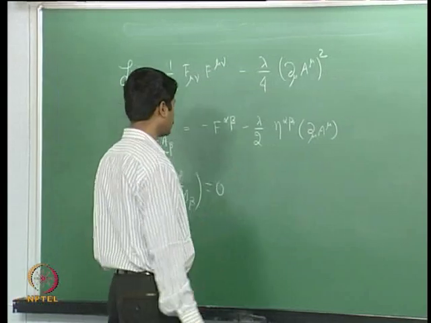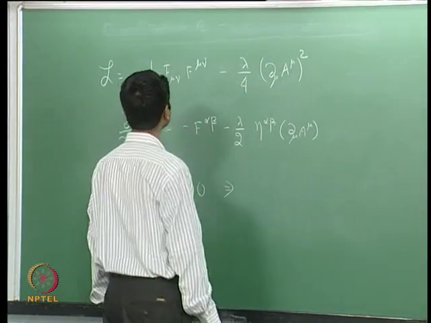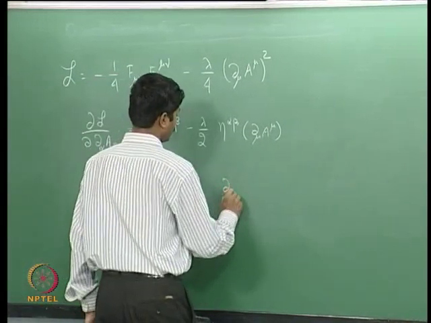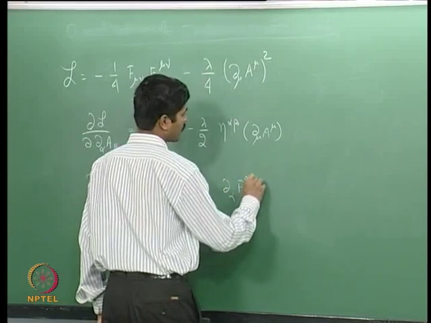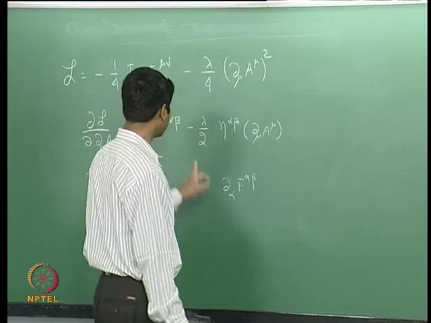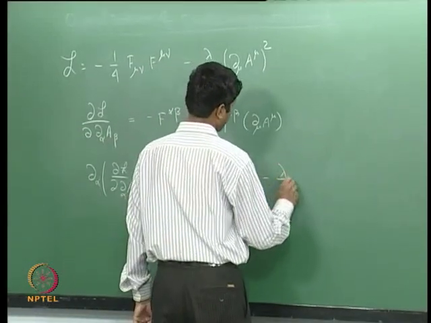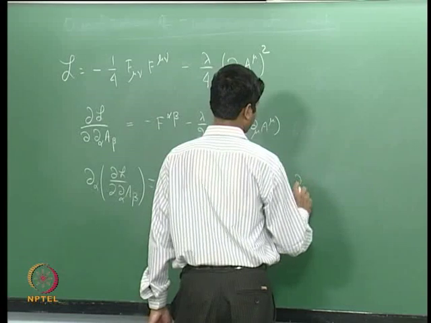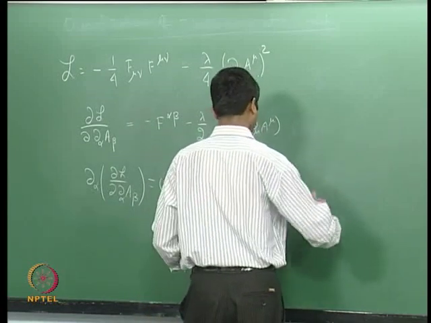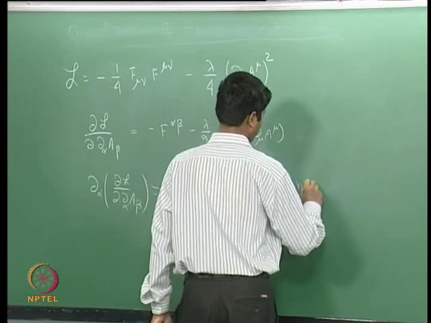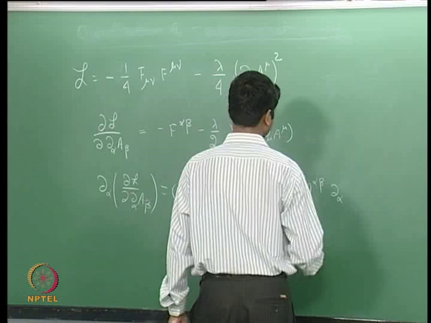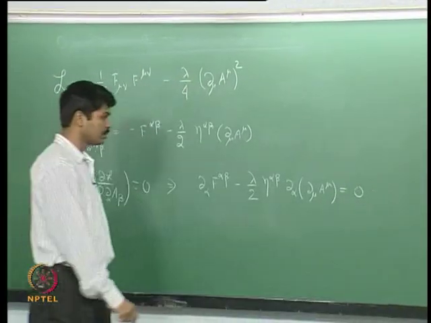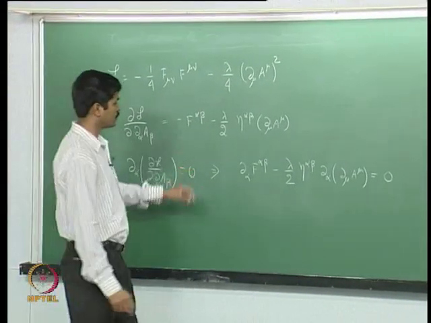So this simply means that you have here del alpha F alpha beta minus lambda over 2 del alpha, plus.